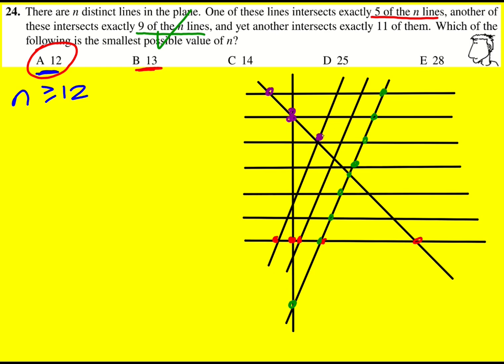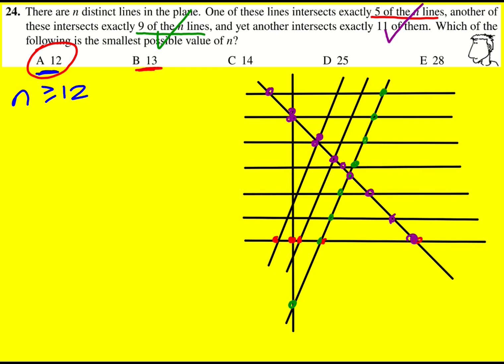Then it's intersecting that one and that one, so 5, 6, 7, 8, 9, 10, 11. I just somehow miscounted before. So that one there is managing to do 11. The green one is managing to do 9. And the red one is managing to do 5. That is a bit mind-blowing, I think, but it is possible to do it with 12.